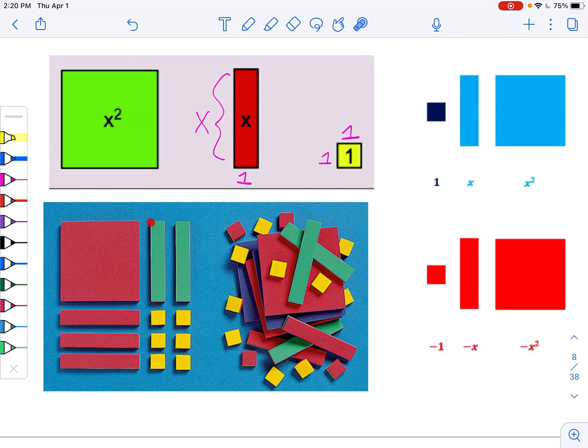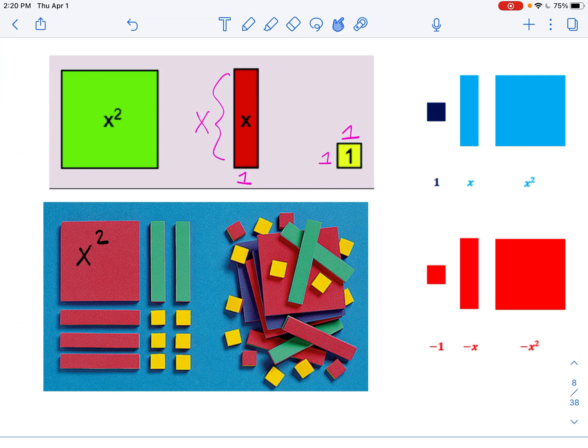And then, if this right here is x, and you take a look at the square right here, you basically have x and an x. If you have x times x, that is x squared, ladies and gentlemen.